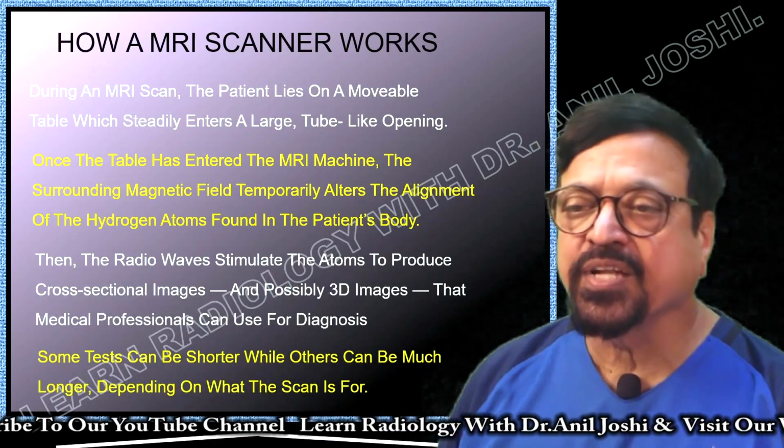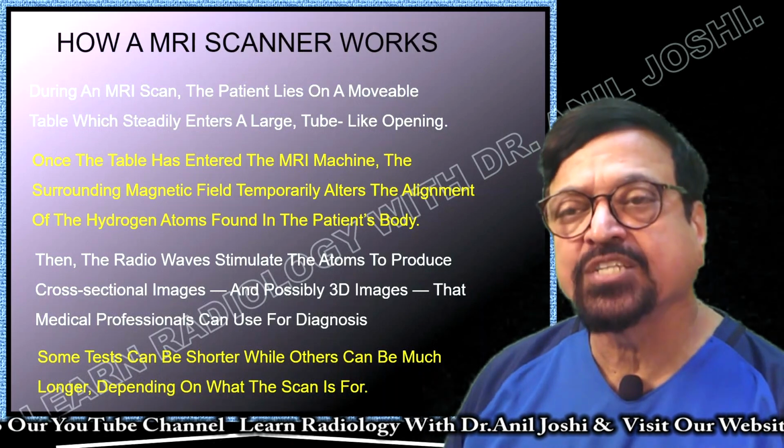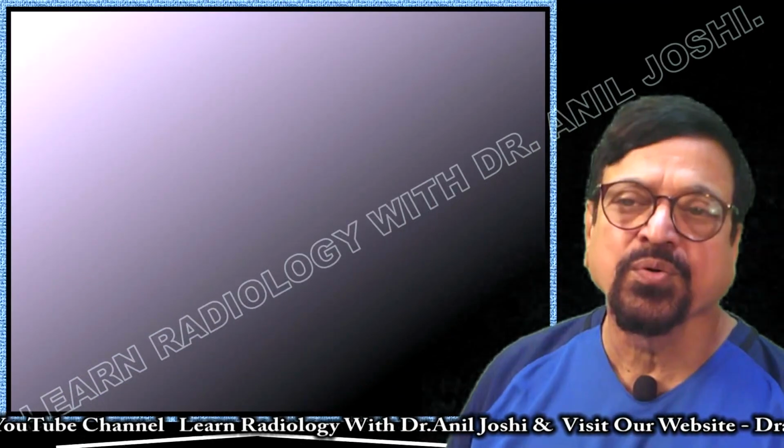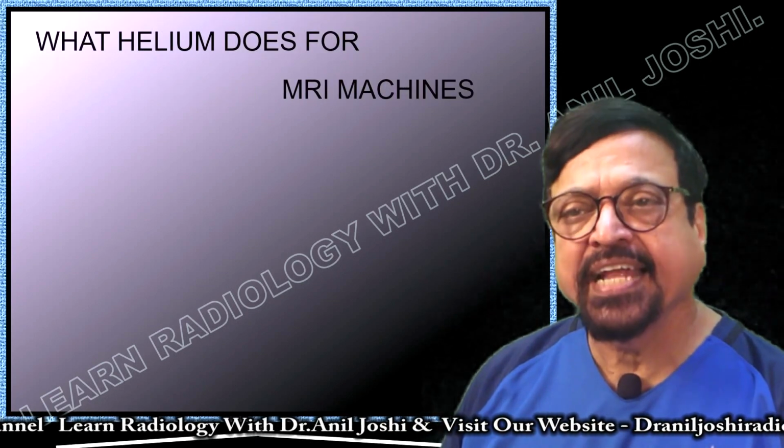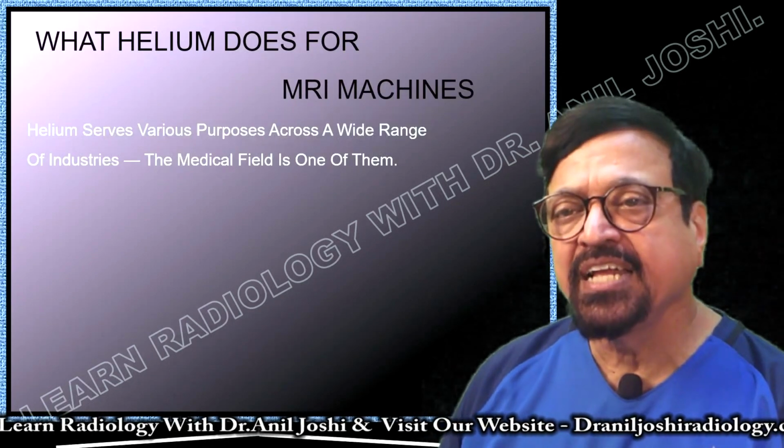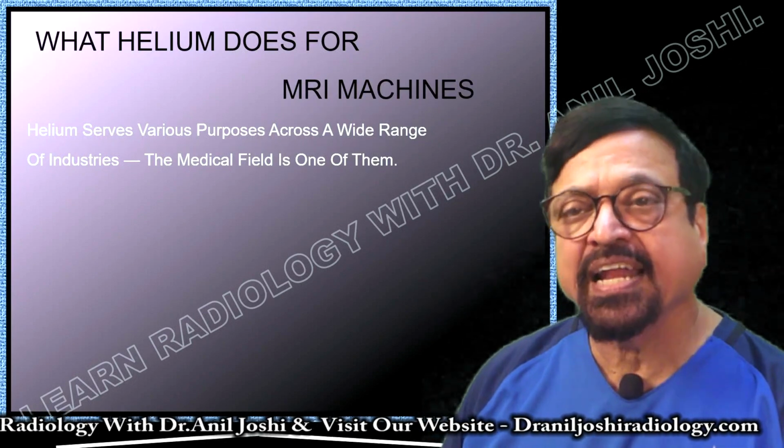Some tests can be shorter while there can be much longer tests also. This is just to tell you grossly how helium is used in a machine, how it takes the MRI scan of a patient. All detailed videos are available separately.